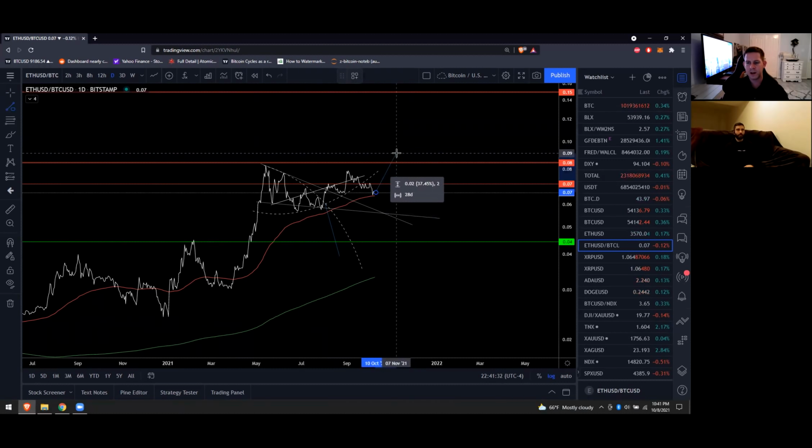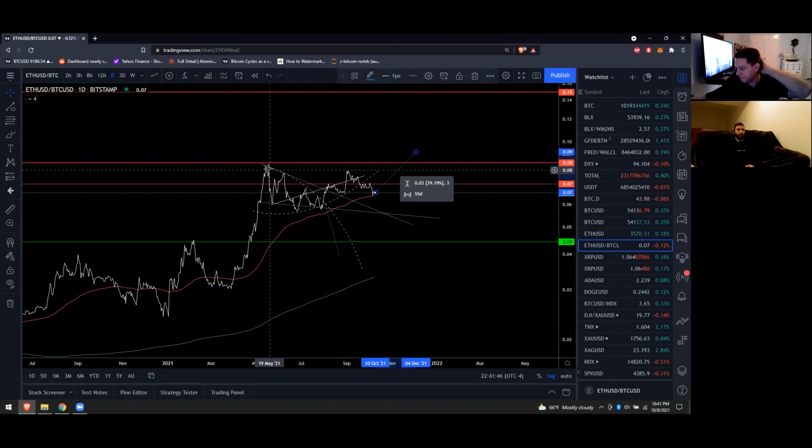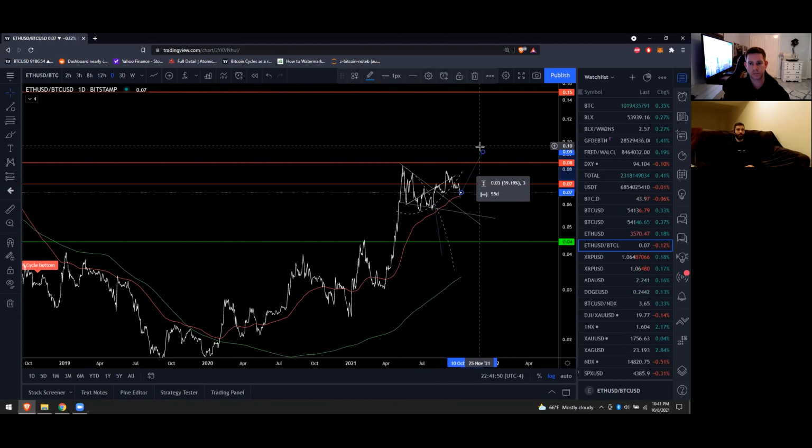I keep thinking that Bitcoin dominance is going to break out sooner to the upside. But if you're right, it could be sooner, right? Let's say you get something like this: you've made a higher high on ETH/BTC, you're going to the moon, and then all of a sudden it turns around on you. Yeah, that makes a lot of sense.